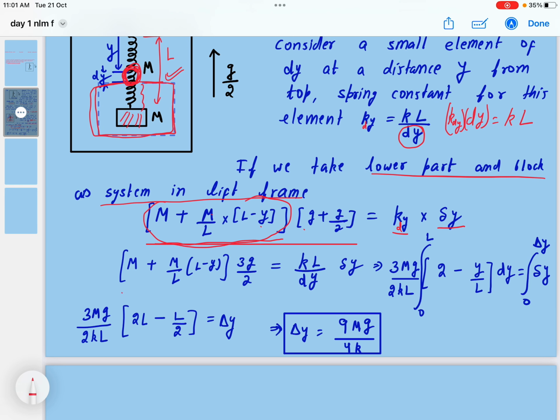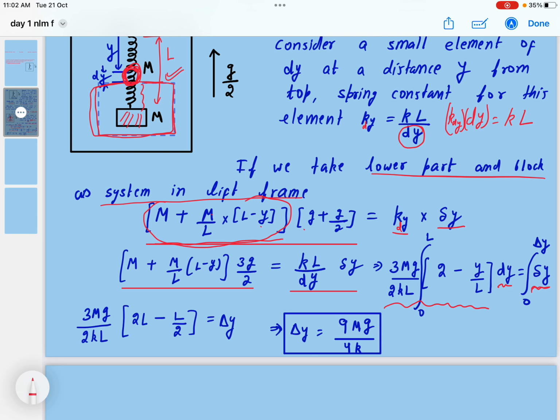Okay, so now I'm writing this force equation, and that is the spring force of that small elemental spring. By this I'm getting an equation for the extension in the small elemental portion of spring having length dy, meaning in a dy length of the spring this will be the extension del y.